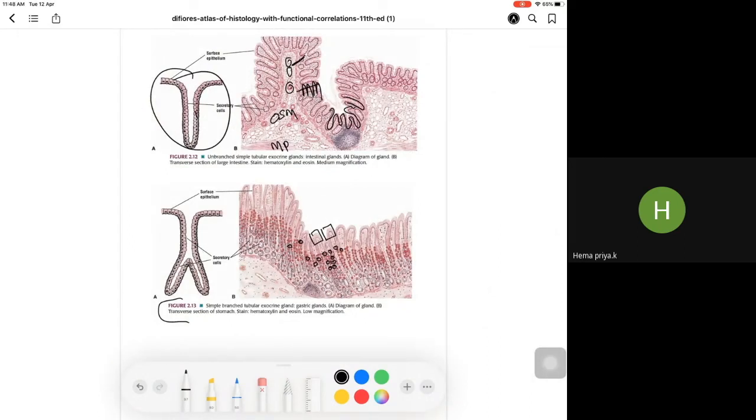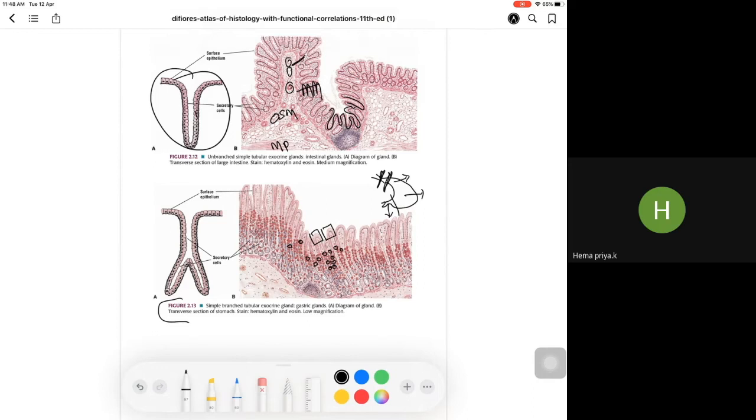You all know stomach. When you draw stomach, how will you draw? This is the esophagus, like this. This is the gastroesophageal junction, and up to here is the cardia, and this is the fundus, and this is the body, and this is the antrum. So there are four portions of the stomach.